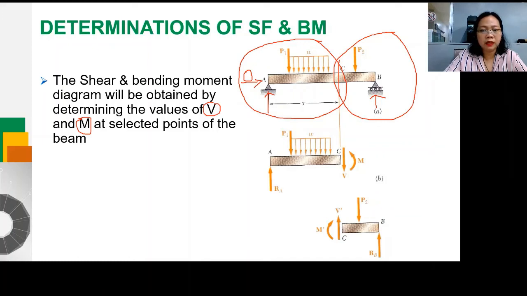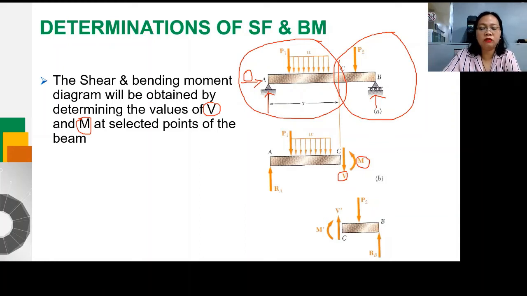So in this section, you have your action at A, and you have the load carried over. Then you have shear V and moment M. This is a positive moment and this is a positive shear, our convention earlier.